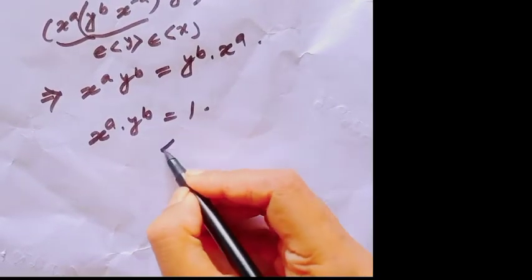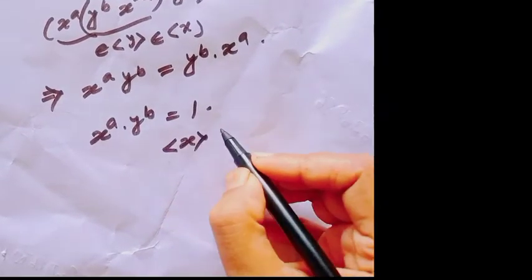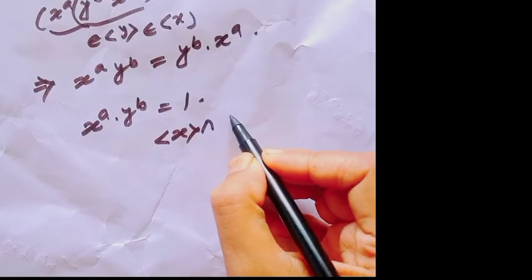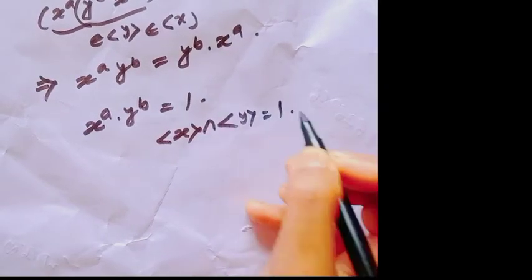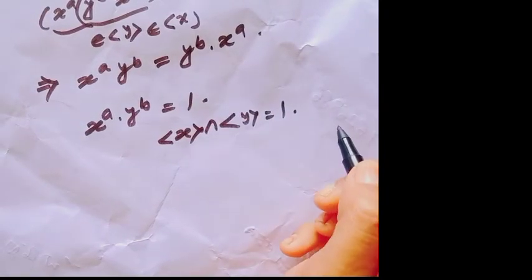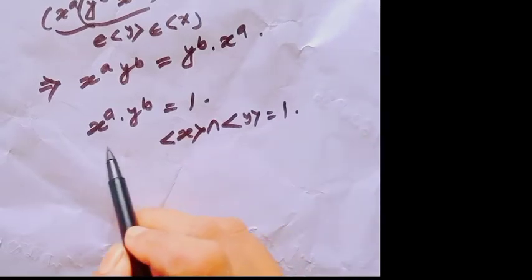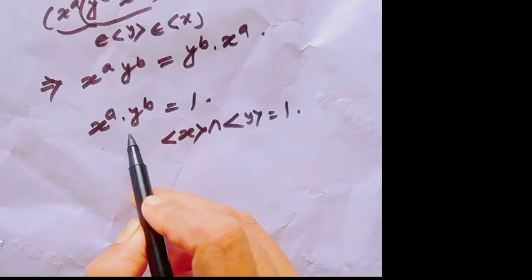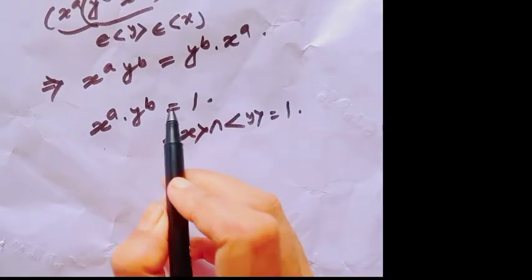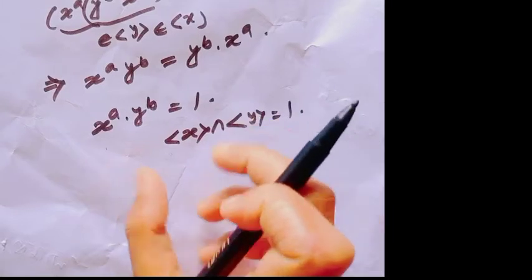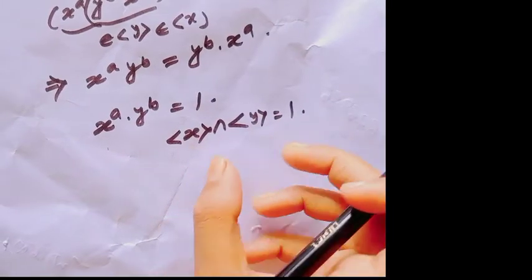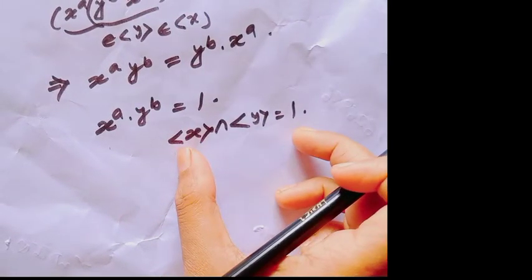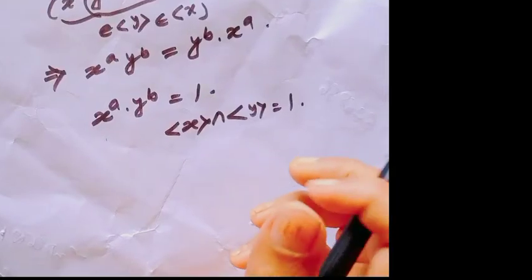Since the intersection of the cyclic subgroup generated by x and the cyclic subgroup generated by y equals 1, from this line x to the power a and y to the power b lie in the intersection.